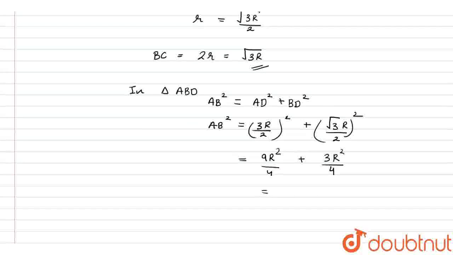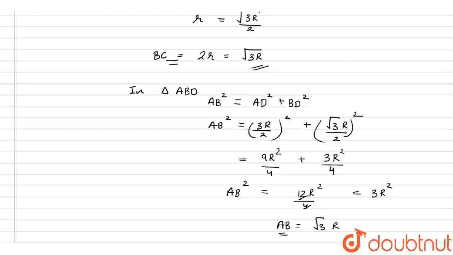After adding this, we get 12R square divided by 4. This is the value of AB square. After cancelling out, we get the value of AB square as 3R square, and AB will be equal to under root 3 R. Now we have seen the value of BC and the value of AB are equal.